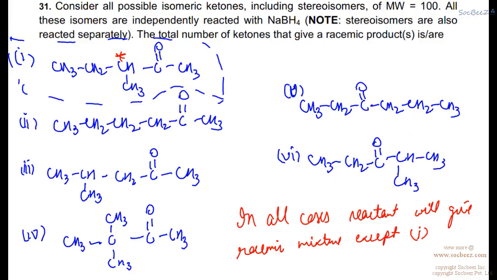Since it has a chiral carbon, on being independently reacted with NaBH4, it will not give the racemic product. So the correct answer is 5 in this case.